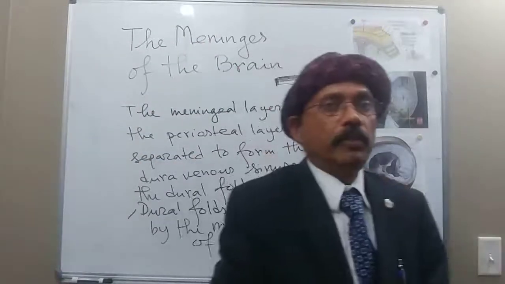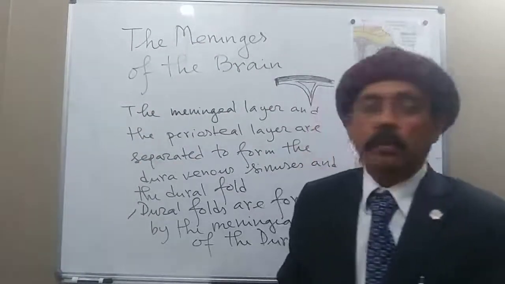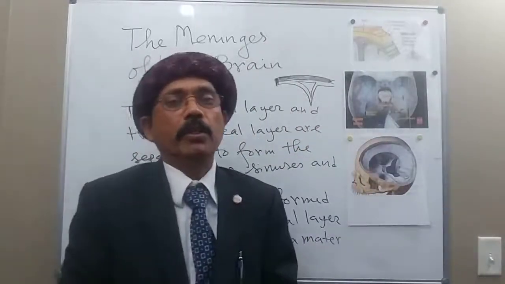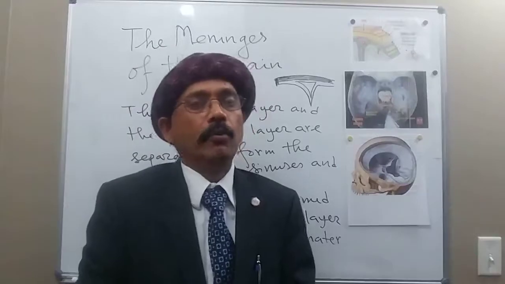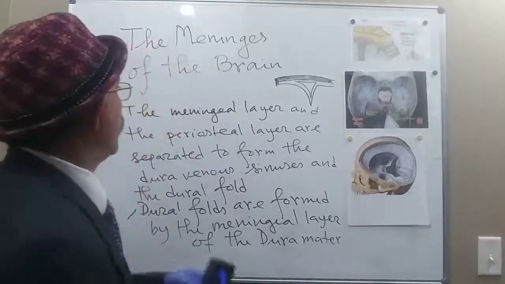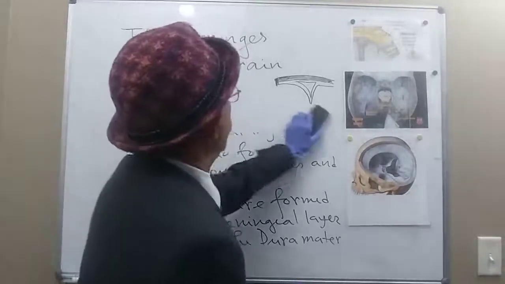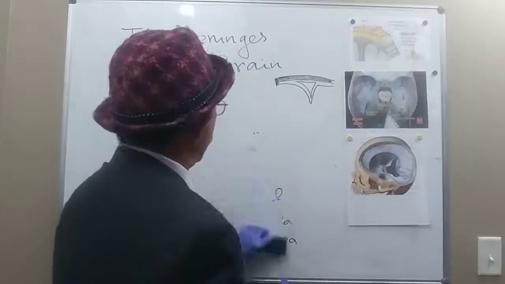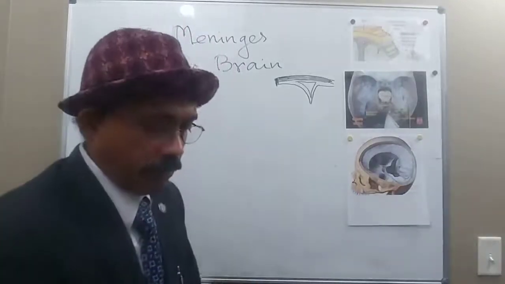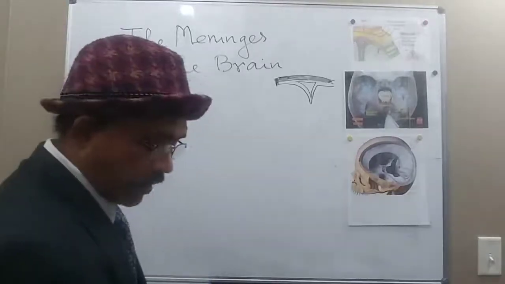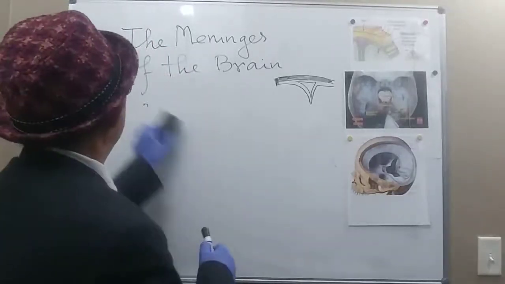In our meninges, in relationship to the dura mater, we have two potential spaces. One is the epidural space, another one is the subdural space. Okay, these are potential spaces. The extradural space is also called the epidural space. Another one is the subdural space.